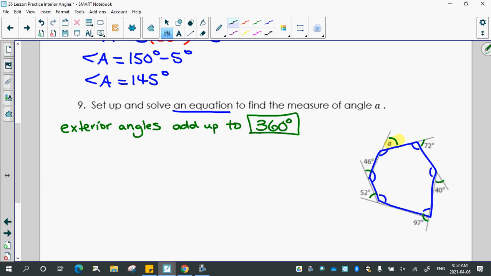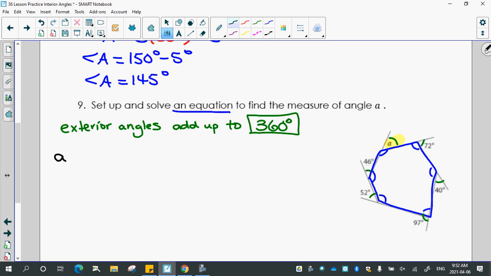Doesn't matter if it's got 5 sides, 6 sides, 20 sides, 4 sides, 3 sides, 100 sides, exterior angles always add up to 360. So if I add up all these exterior angles, I will get 360.